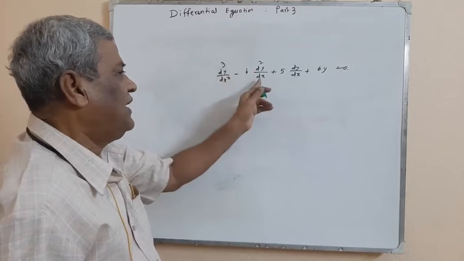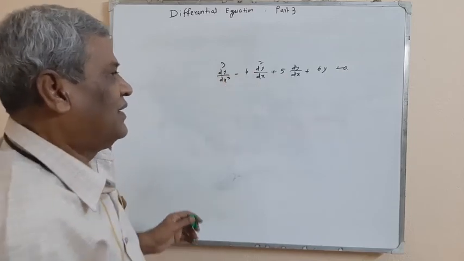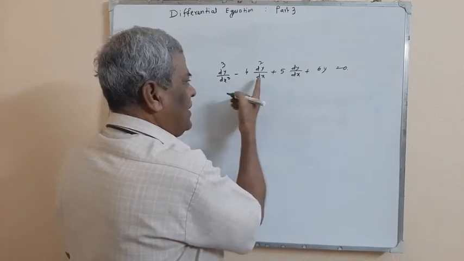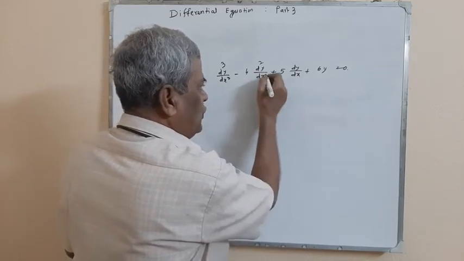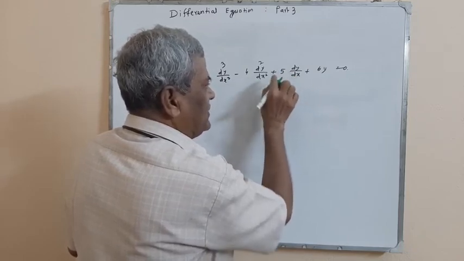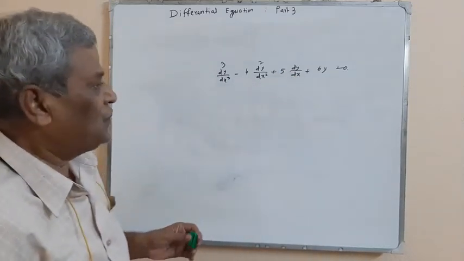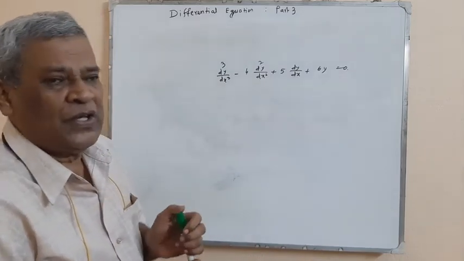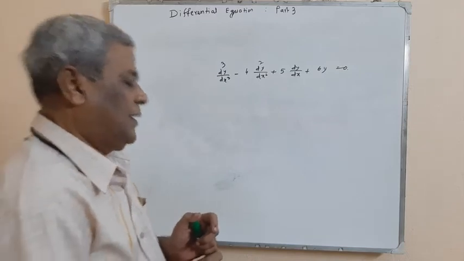Degree of each derivative is 1 and the coefficient of each derivative is constant: the coefficient of d3y/dx3 is 1, of d2y/dx2 is minus 4, of dy/dx is 5. So this is an example of a linear differential equation with constant coefficient.